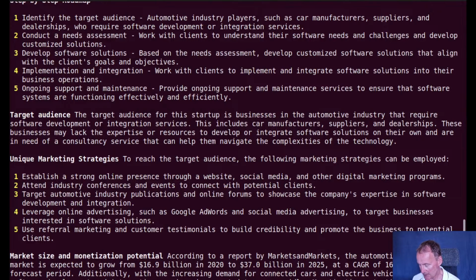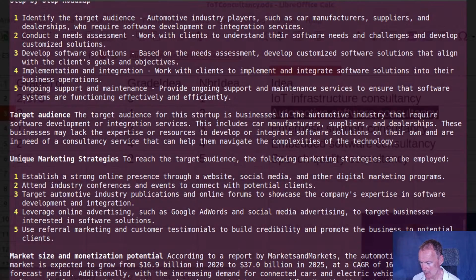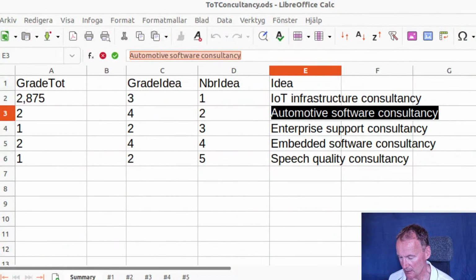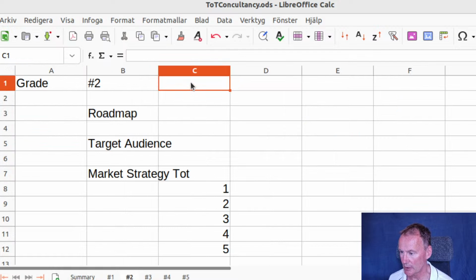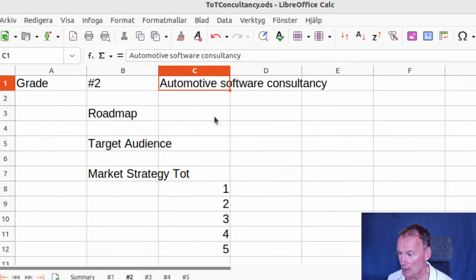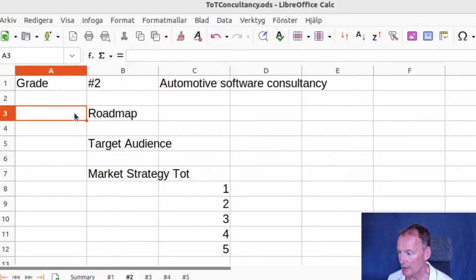So the answer to this one is again quite generic. You really need to find a pie chart of this one. So we're talking about number 2 here. The roadmap, it's very generic.